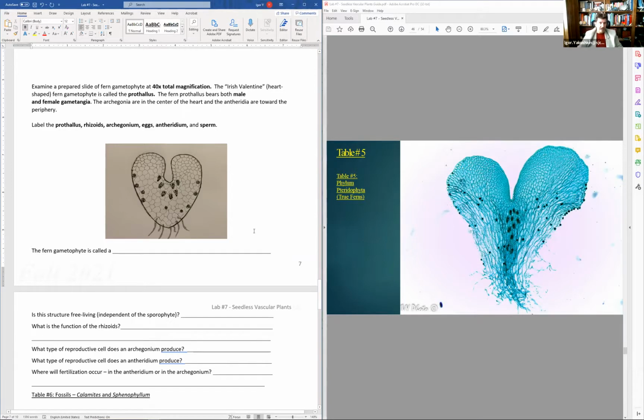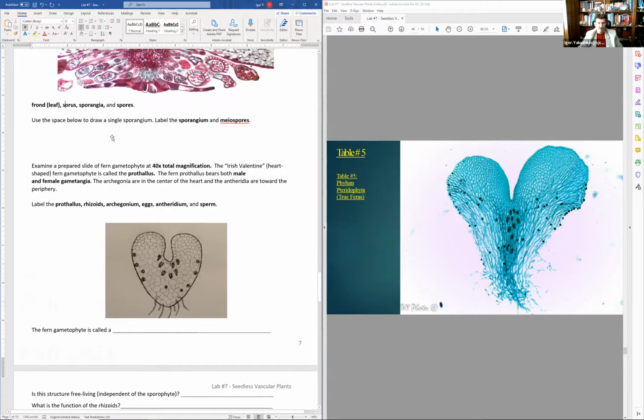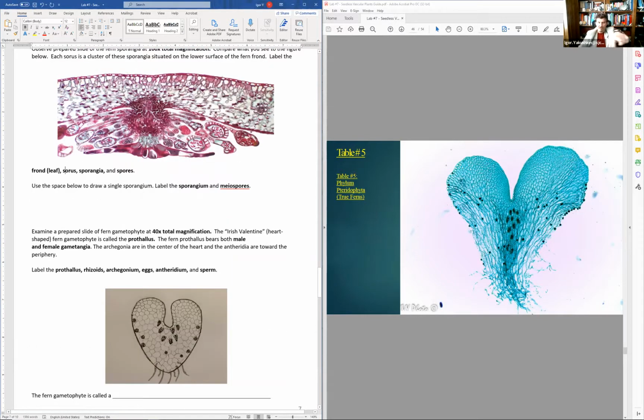You can use any photo for labeling. Technically, for the sporangium and spores, that particular photo is already there. So all you need to do is find where it is and insert.